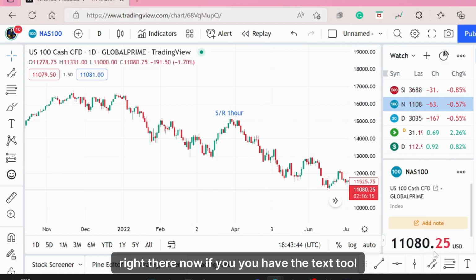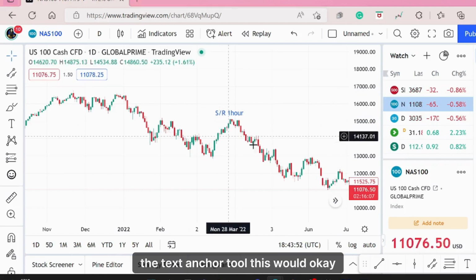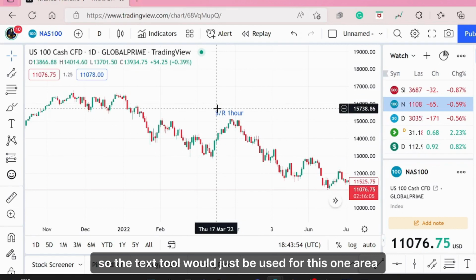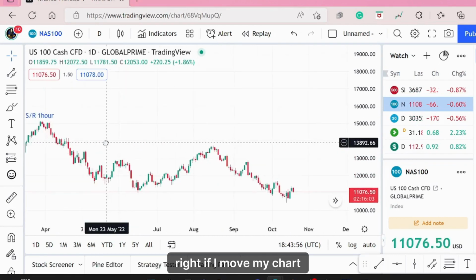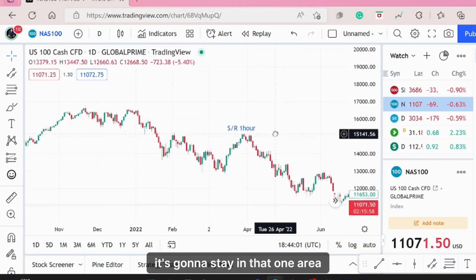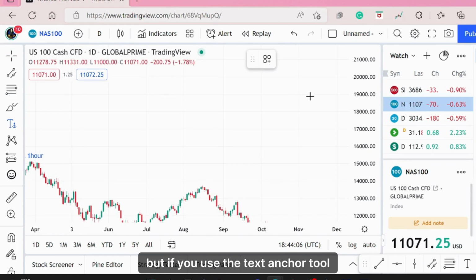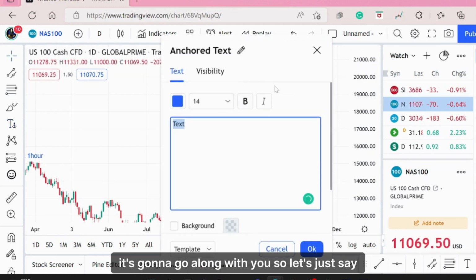Now, you have the text tool and then you have the text anchor tool. The text tool would just be used for this one area, right? If I move my chart, it's going to stay in that one area because I need to know that that's my 1 hour SR. But if you use the text anchor tool, it's going to go along with you.